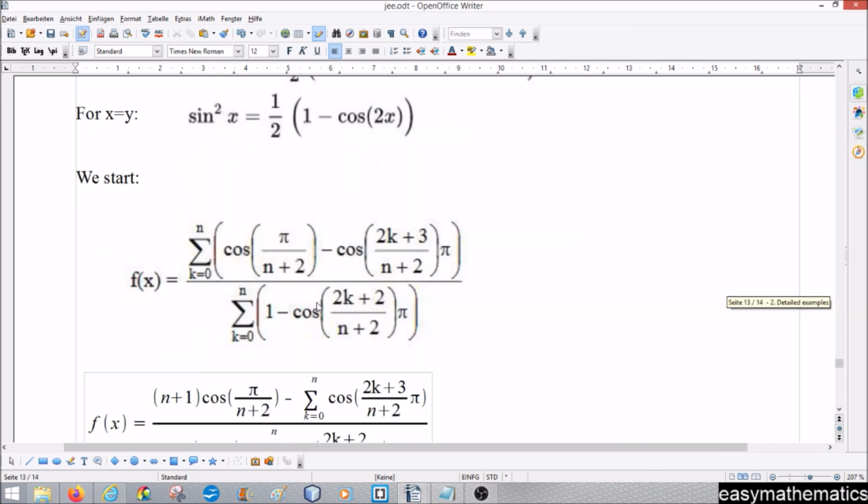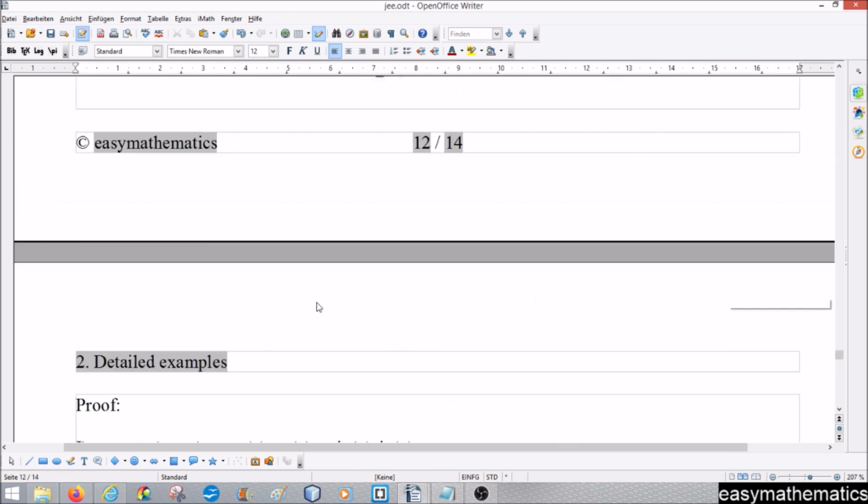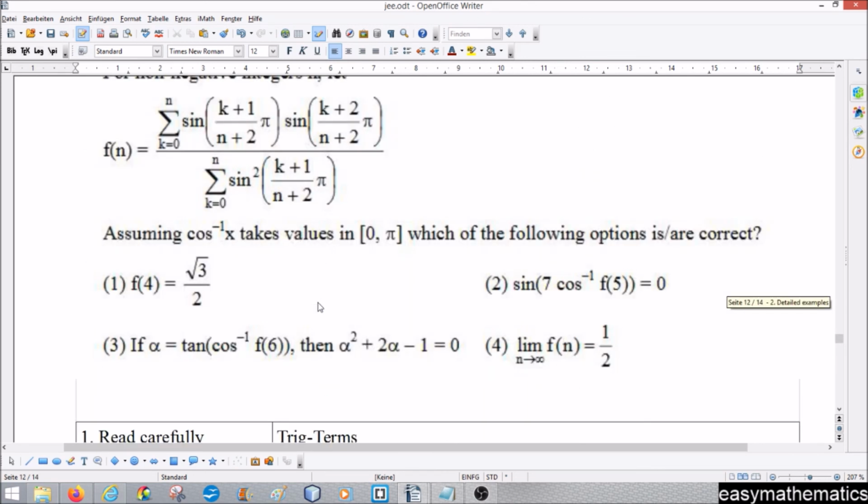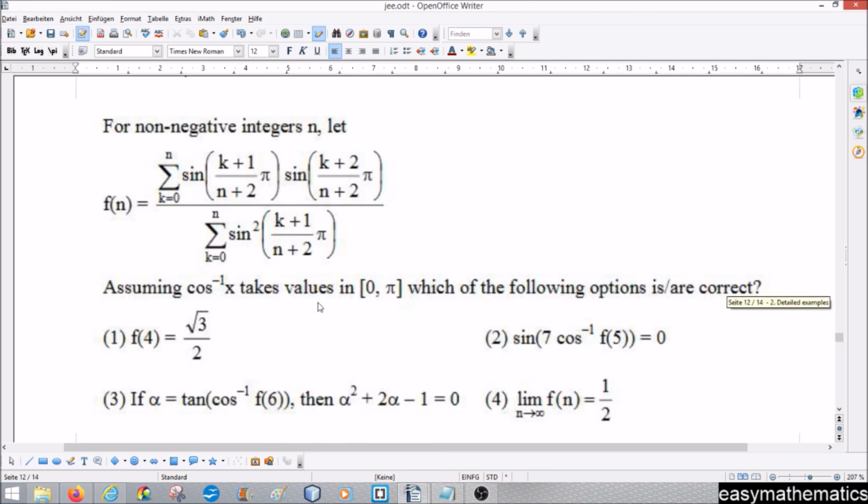For me it was a really beautiful task. I hope you liked this problem also. And again, what I want to mention is you should be familiar with some basic trigonometric identities. I guess this question was not so hard after you see the solution.